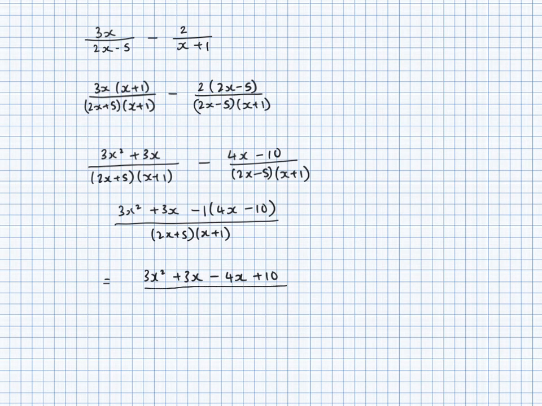And then the denominator is going to be 2x take away 5 and x plus 1. Okay, and then we can see that we can simplify these two here, so we're just going to do that, and that then becomes 3x squared, take away x, add 10 over 2x take away 5 and x plus 1.